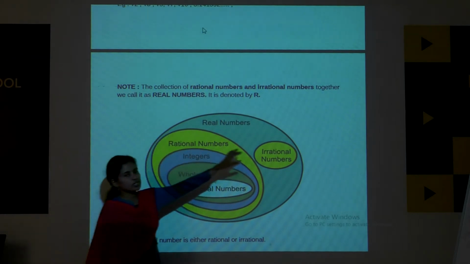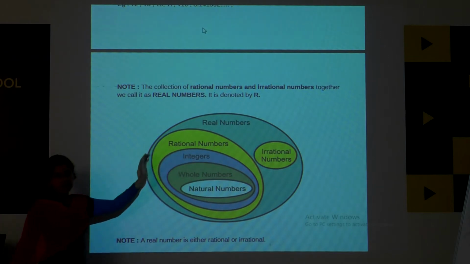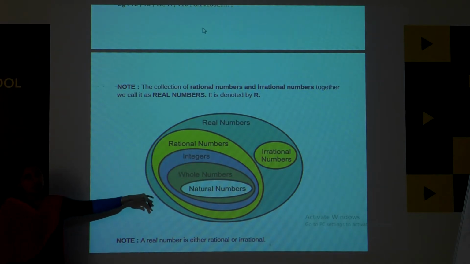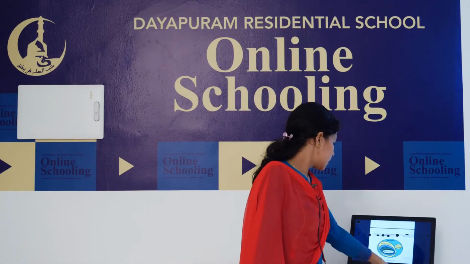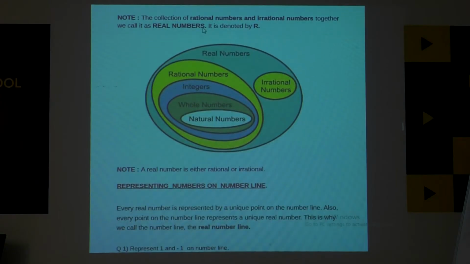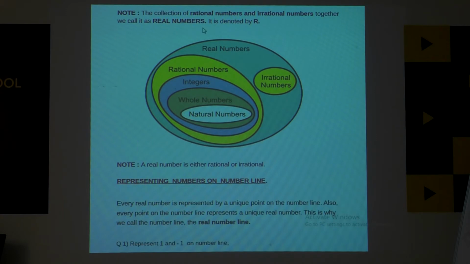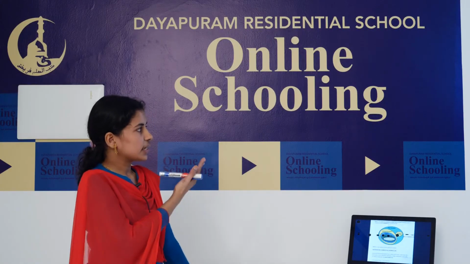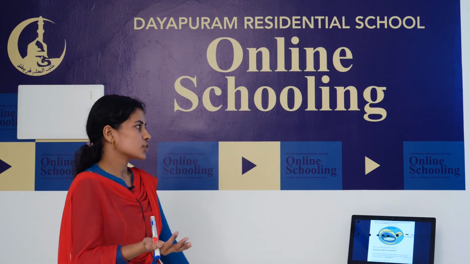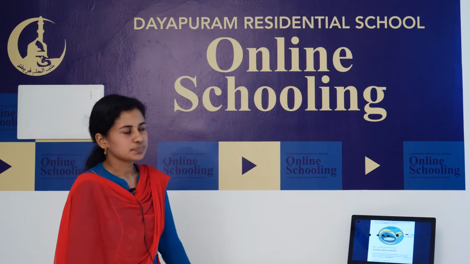Here another system of numbers is the irrational numbers, and together they are called the real number system. Combining rational numbers and irrational numbers, together they are called real numbers. So, a real number is either rational or irrational. We cannot say that real numbers are irrational numbers, because a real number may be rational.